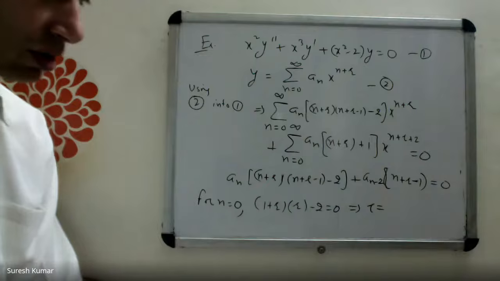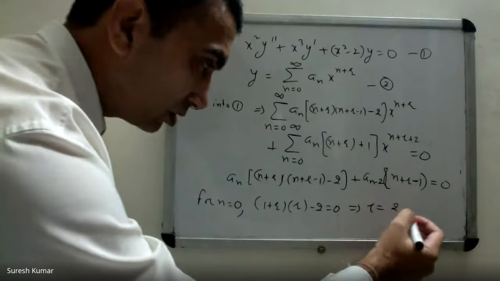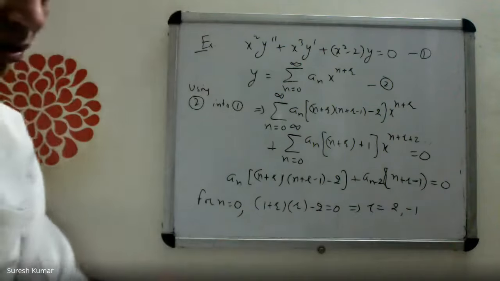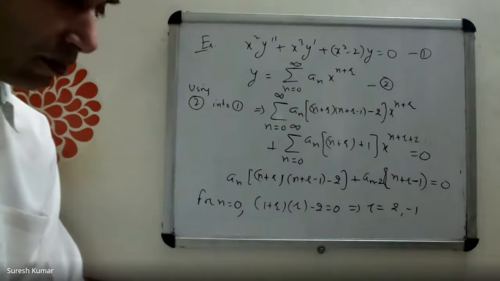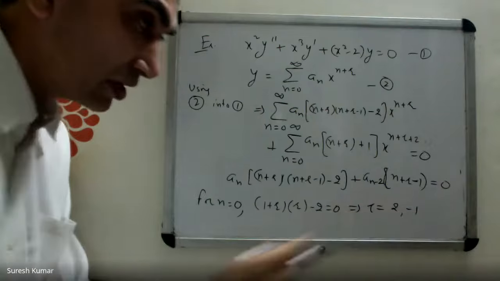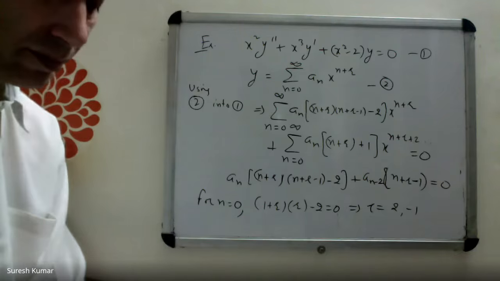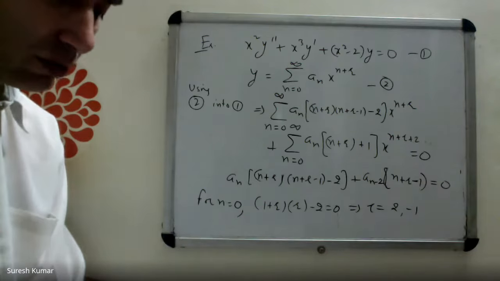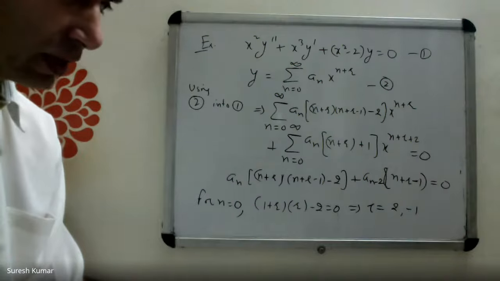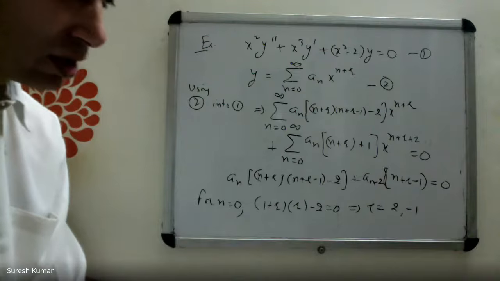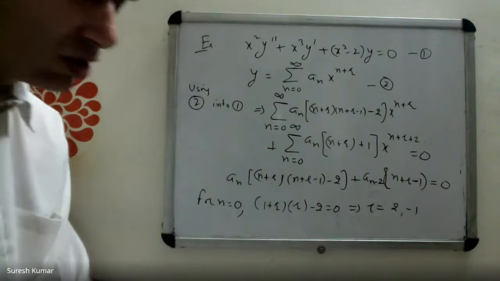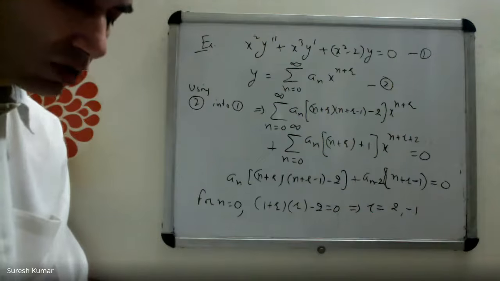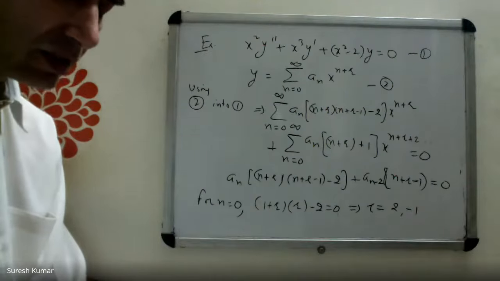You get 2 and minus 1. So these are the roots of the indicial equation. Again, you see the roots differ by an integer. Let's see what happens in this case. Corresponding to the larger root, one solution is guaranteed. You can write that solution after writing the recursion.